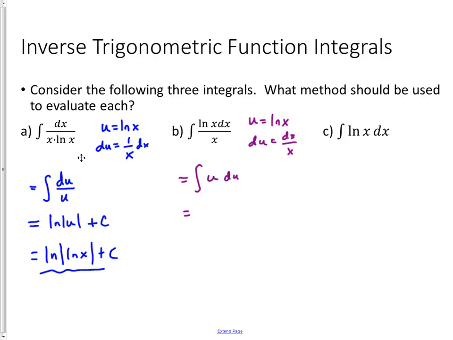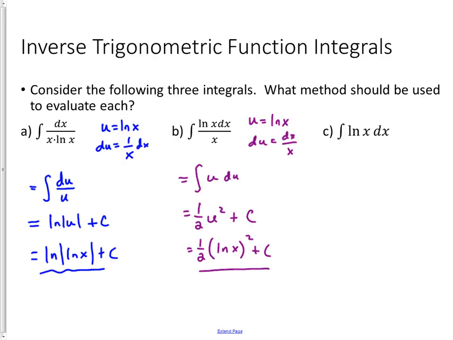Even though they look really, really similar, we're going to end up with 1/2 u squared plus a constant. And u being the natural log of x means we're going to be taking 1/2 of the quantity natural log of x squared plus c, right? Notice that this square cannot come down and just be x squared, right? It's natural log of x times natural log of x, so it's a slightly different answer.